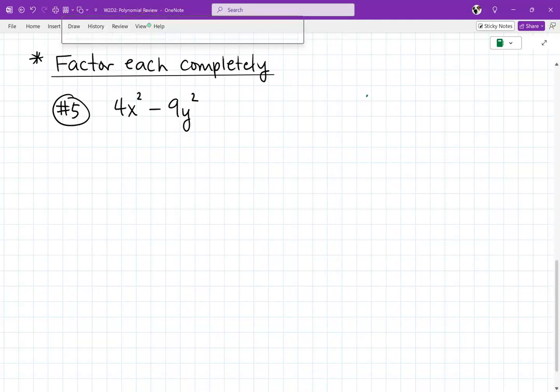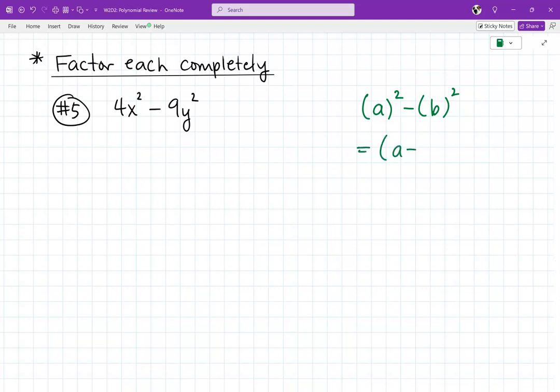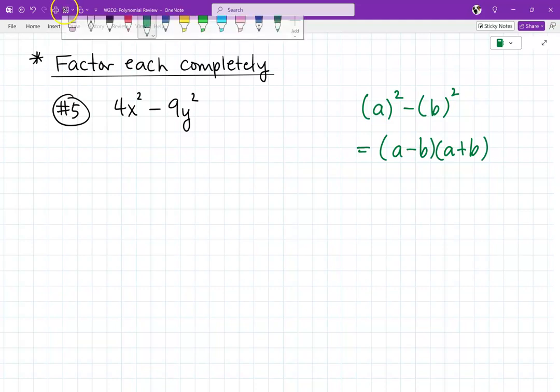differences of squares are supposed to be rewritten like this, and then you're just supposed to factor it like this. So once you know what your A and your B terms are, you put them there, and you write them out as two factors. Okay, so that's basically like your formula. Now for us, I have 4x squared minus 9y squared.